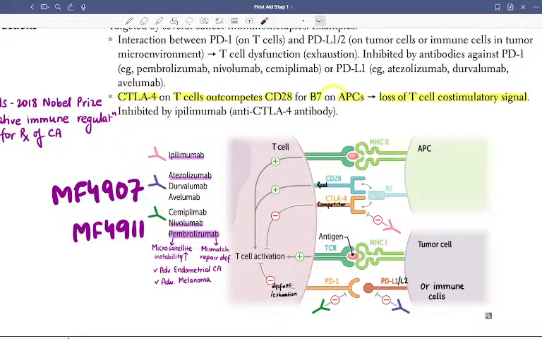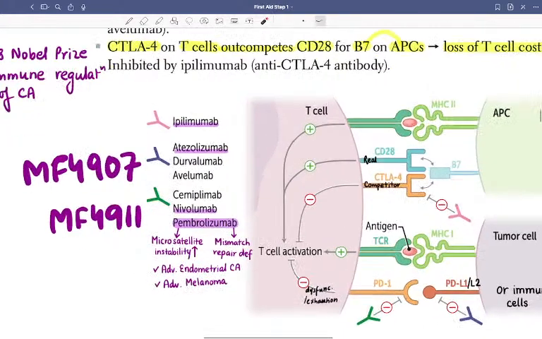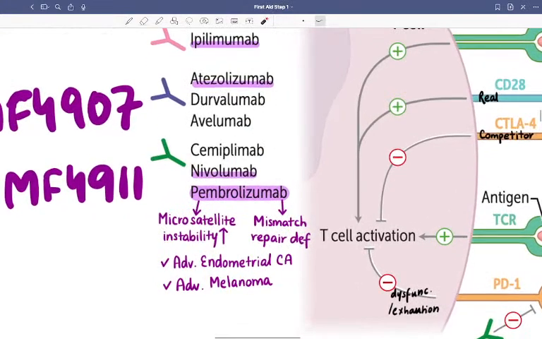Now, one thing, pembrolizumab was used in endometrial carcinoma. This is a previous year question, very recent previous year question. Don't forget, pembrolizumab is for endometrial carcinoma, melanoma, microsatellite instability, and mismatch repair deficiency. Basically, that's what it corrects.